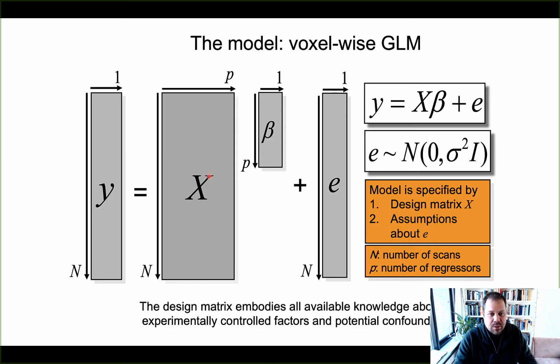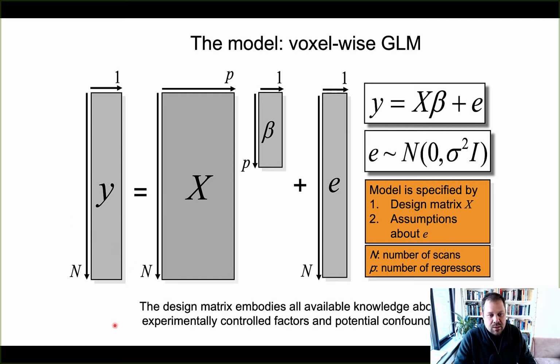And that's why we typically specify a design matrix as a vector of different regressors, so x sub 1 to x sub p, with a certain length, and the length represents the length of our experiment, or the number of recordings we took in the MRI.